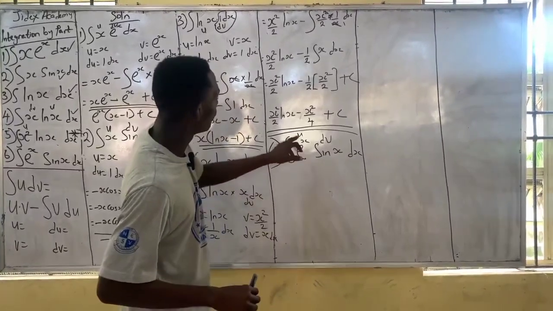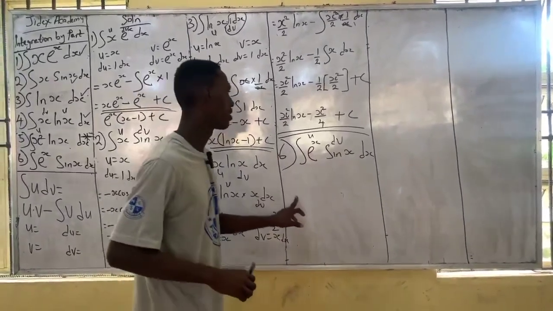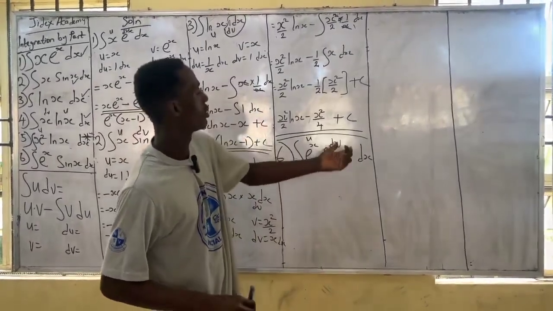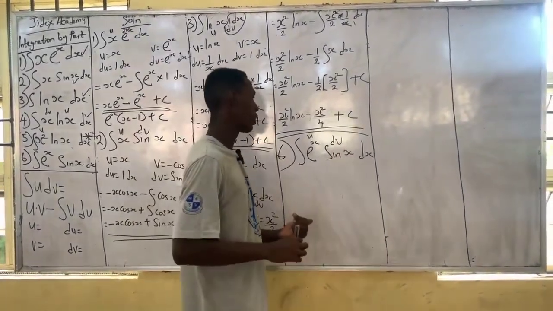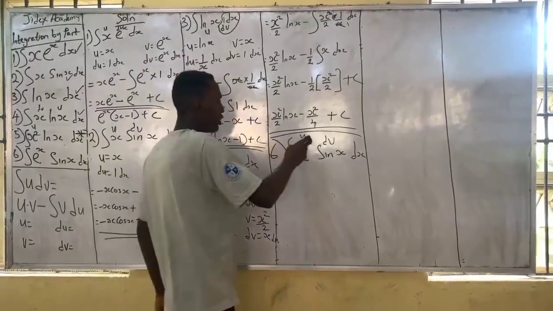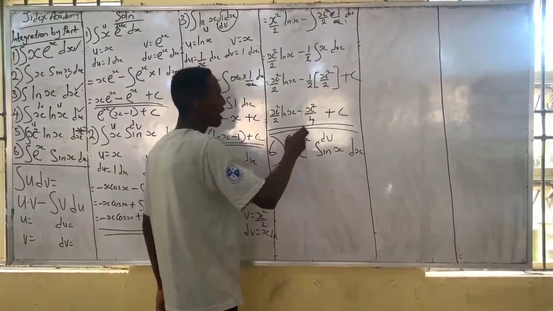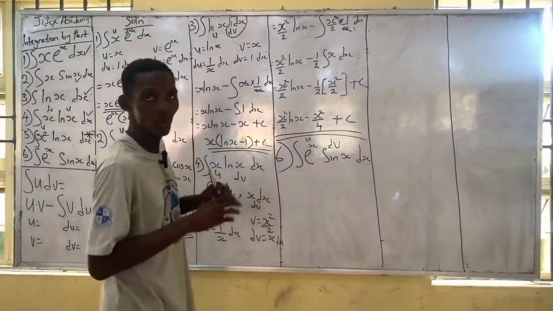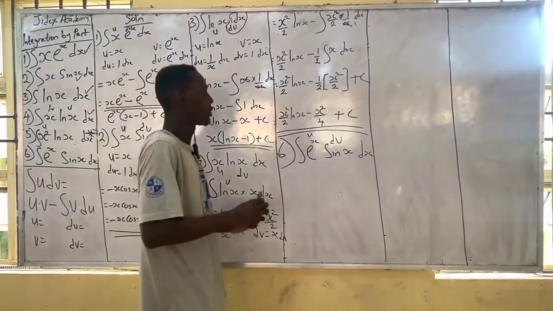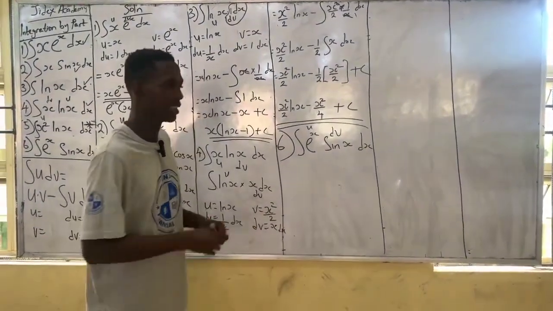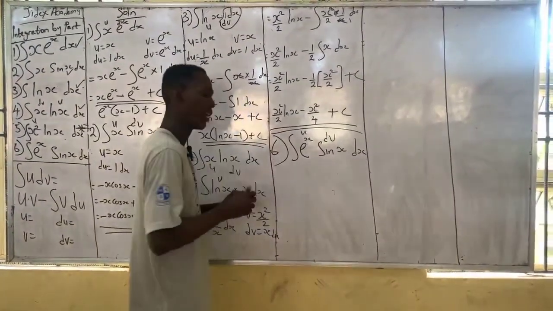If I find the derivative of this, it will still give me e to the power of x. But the antiderivative of this will give me minus cos. So I can successfully say that whether you make this your u, or make this your dv and make this your u, you still arrive at the same thing. Using both methods, or switching it in both ways, will still give you the same answer. Therefore, let's just move ahead with it directly.